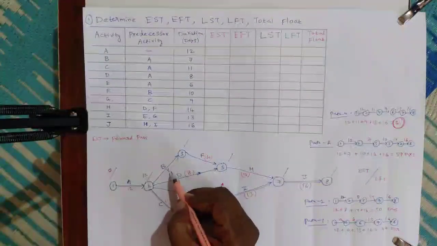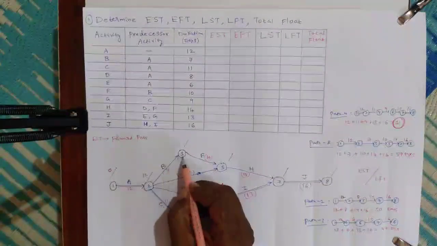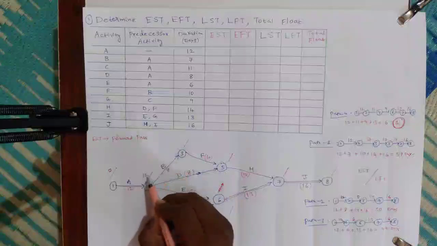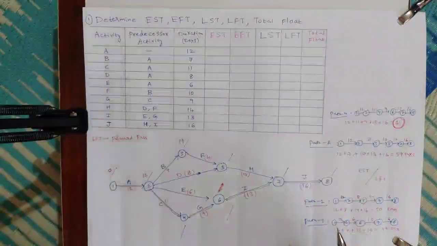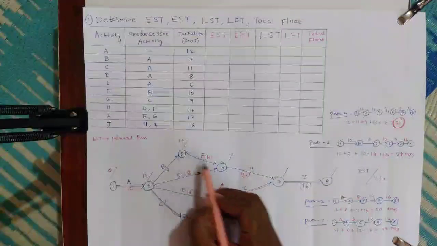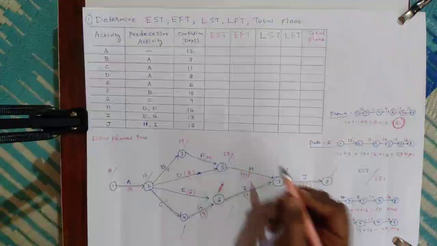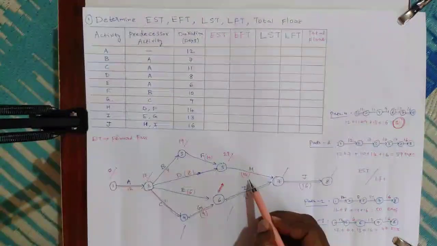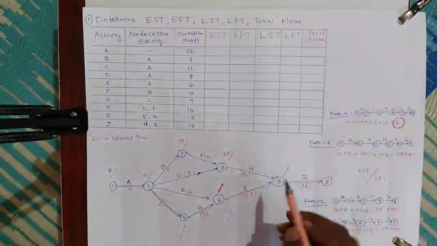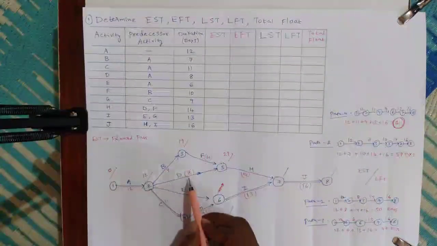Similarly, 12 plus 7, after completion of B only this event 3 will start. 12 plus 7, 19. Here we will get 19. Similarly, 19 plus 10 is 29. And 29 plus 14, here only one arrow is there. Similarly, 12.